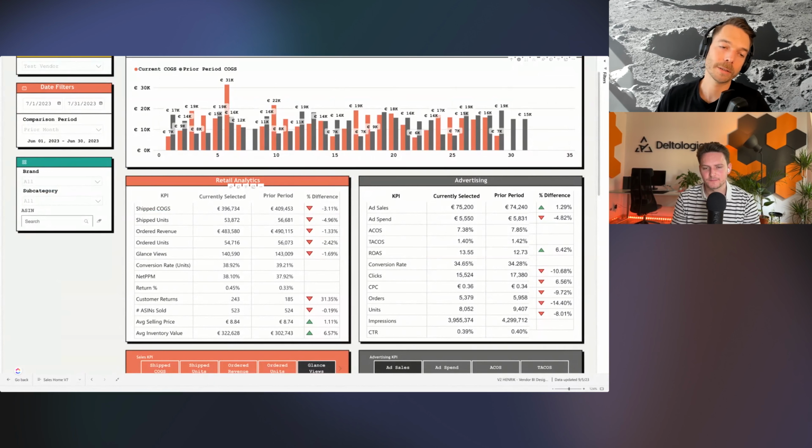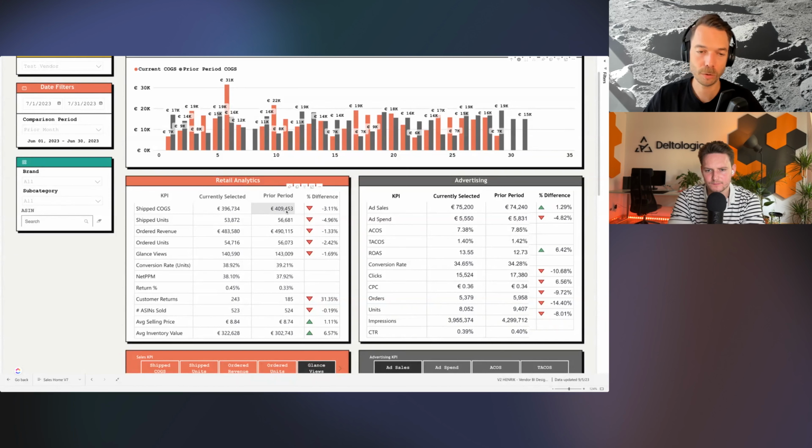Sure. I look at them in order to understand if my business is running well or not, if I'm facing issues, if I need to look for new measures. So what I look at first is shipped cost of goods sold. Then I know, for example, that in this month it's a bit less than the month before, -3%.